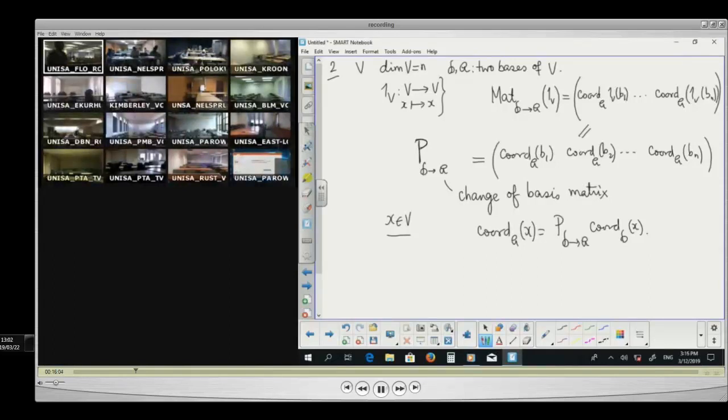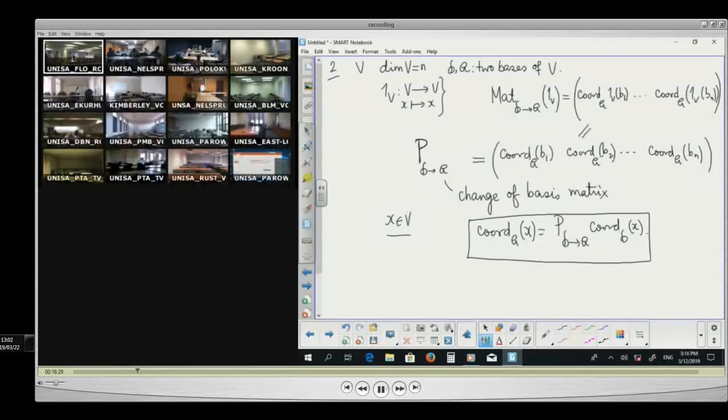So that's why this formula often tells you the name, why it is called the change of basis matrix. You take the coordinates of x with respect to B, you want to get hold of the coordinates with respect to A, you multiply by the change of basis matrix. Okay?